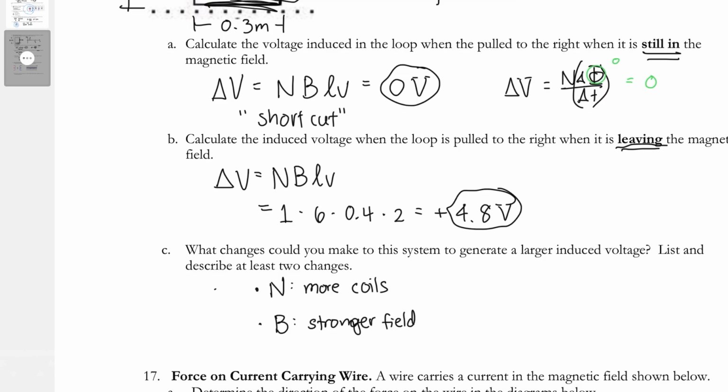If I had bigger magnets making this magnetic field, then I could generate more voltage with it. I could increase L, make a larger coil. And finally, I can make it go faster. And this makes sense to me because if you put more kinetic energy in, you get more electricity out.